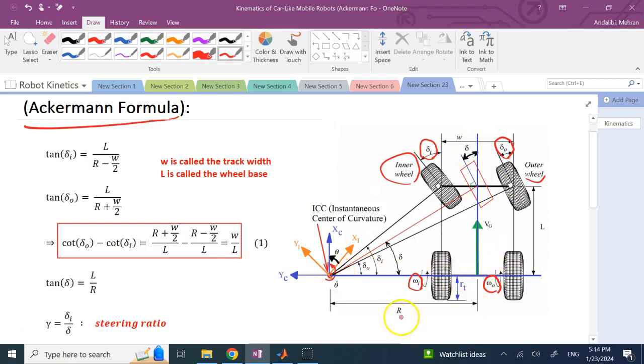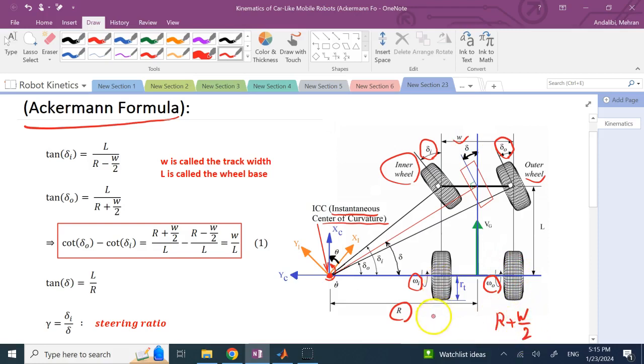Because here, if R is the radius of the curvature, where the center here is this point we call ICC, or instantaneous center of curvature, and the width of the chassis, which we call the track width, is shown with W, the outer one goes around a circle of radius R plus W over 2.